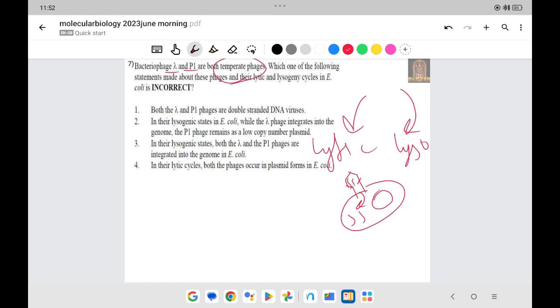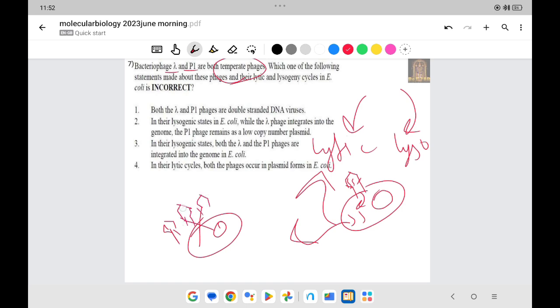If the condition is in favor of the virus, then it will go into the lytic cycle, where it hijacks the bacterial cellular machinery for a high amount of translation, replication and so on. Within no time, it produces its functional and structural proteins and replicates its genetic material. Thereafter, it lyses or breaks down the bacterial membrane and goes outside for the next cycle of infection.